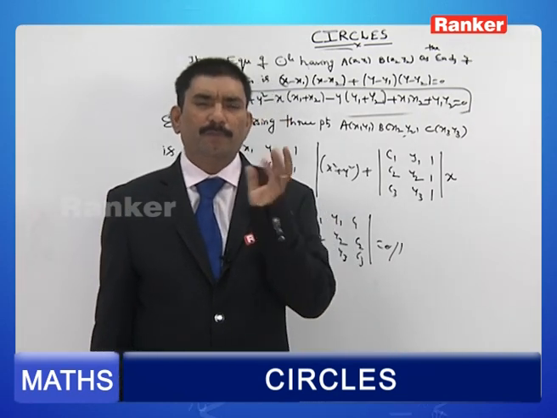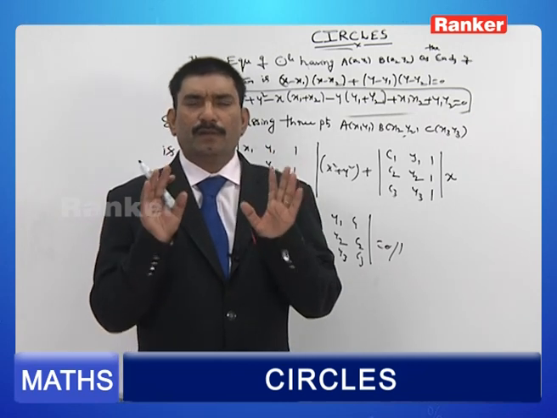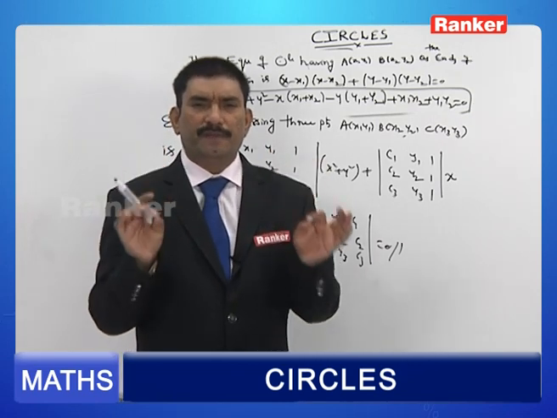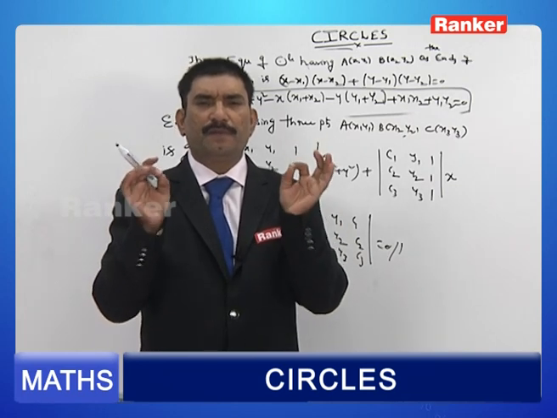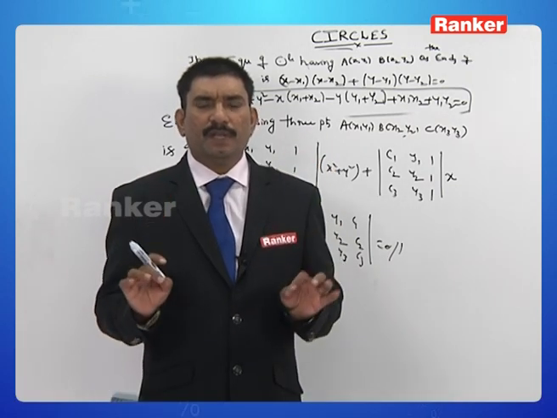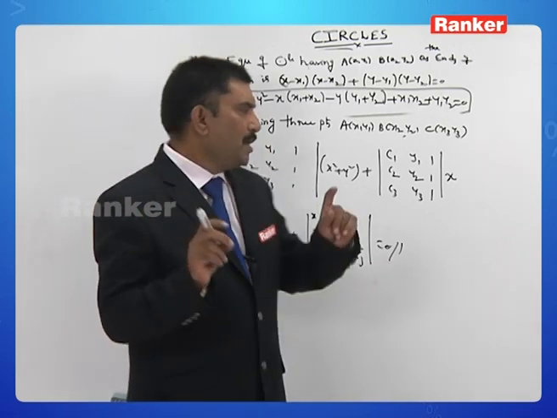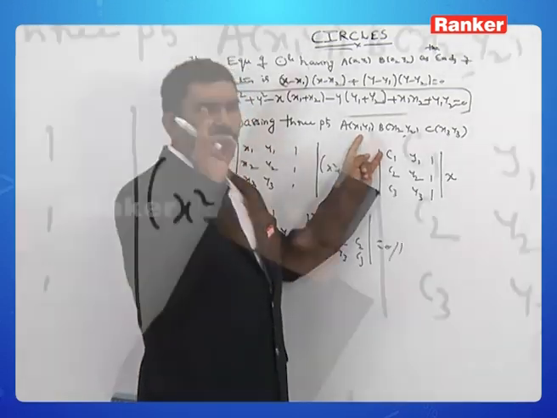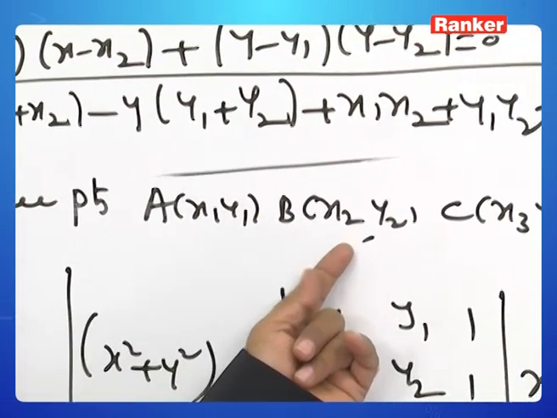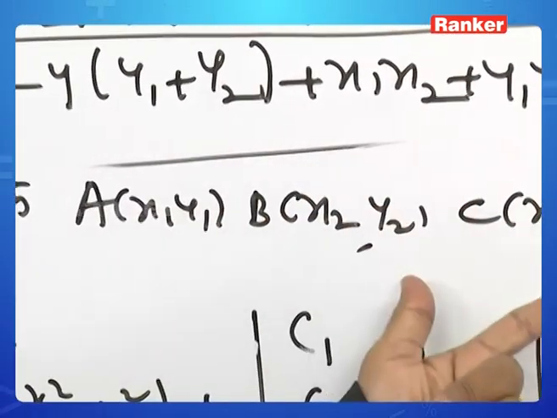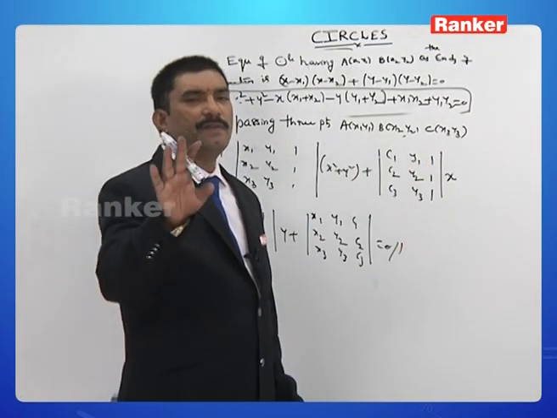Instead of this, which becomes a bit laborious and tedious, for the student to remember better, go for the general equation of a circle, x square plus y square plus 2gx plus 2fy plus c is equal to 0. Take it as equation 1. Passing through this point, you get one equation, called 2. Passing through the second point, you call it equation 3. Passing through this point, take it as equation 4.